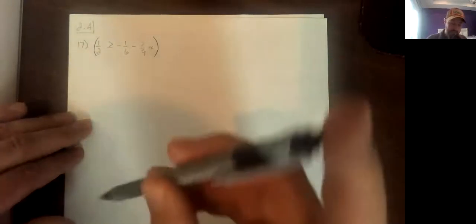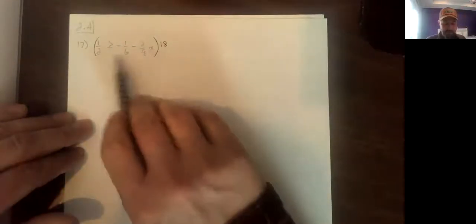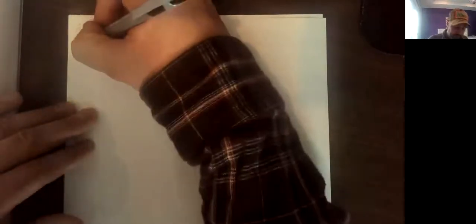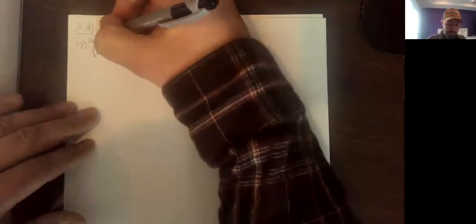You can get rid of it. And in this case, if I multiply, I know 2 doesn't go into 9, so I try 9 times 2 is 18. Both of these go into 18. So there's my LCD.